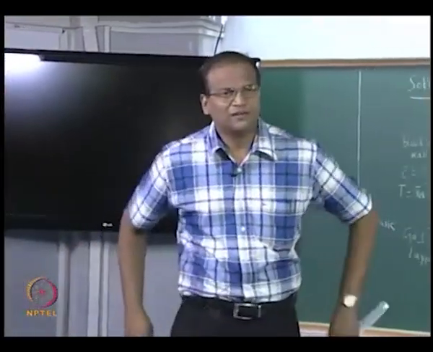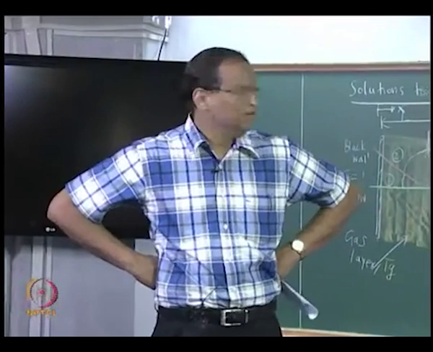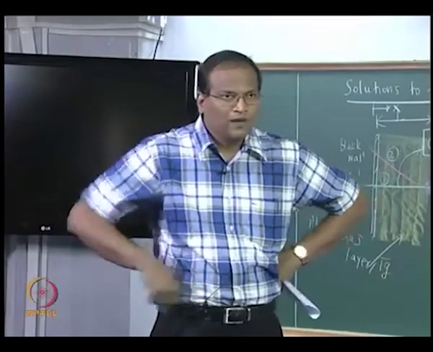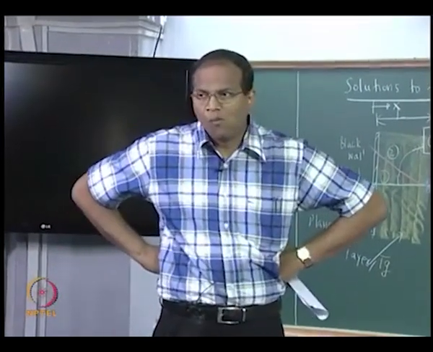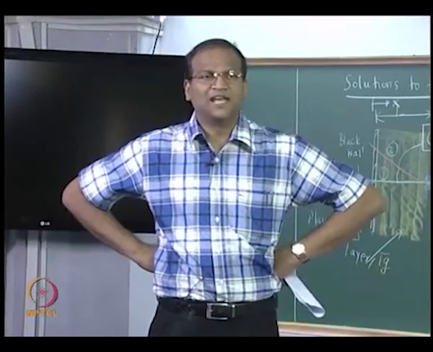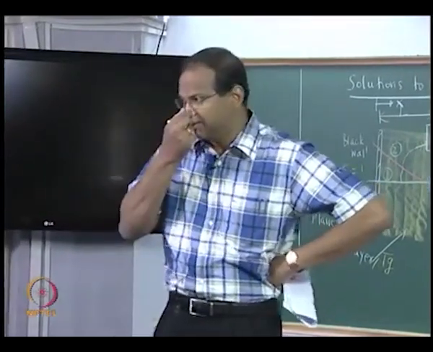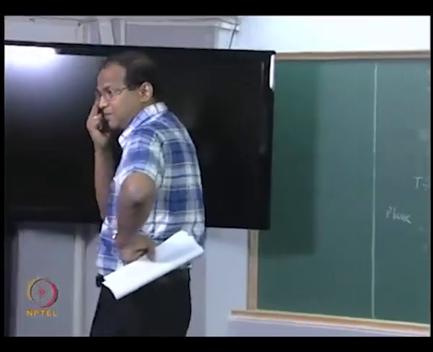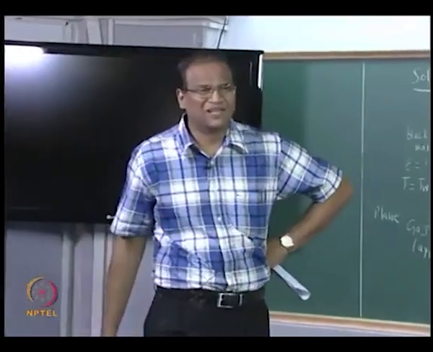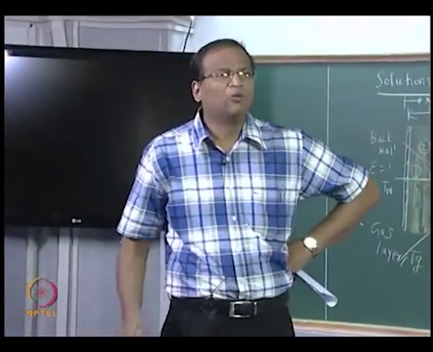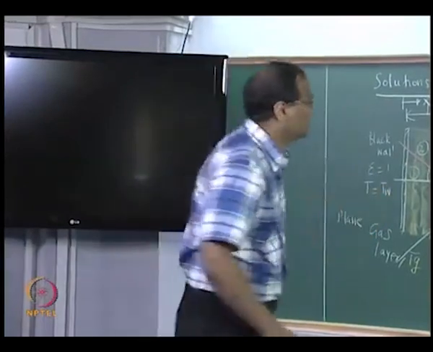I have done several things here. Can you tell me 1, 2, 3? I am assuming that the gas is grey, first point, because I knocked off kappa lambda and put it as kappa. So kappa is equal to kappa lambda. Second, I am using something called I plus. What does it mean? I am looking at the positive direction of x.